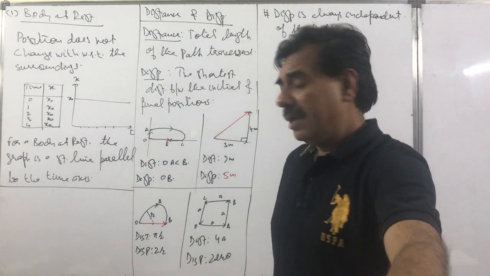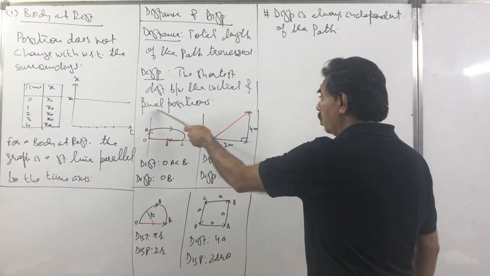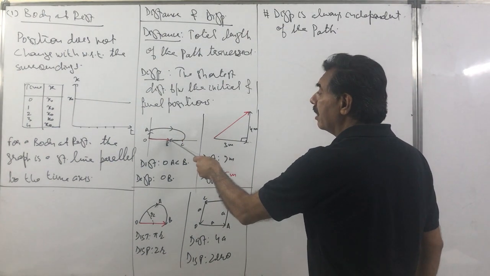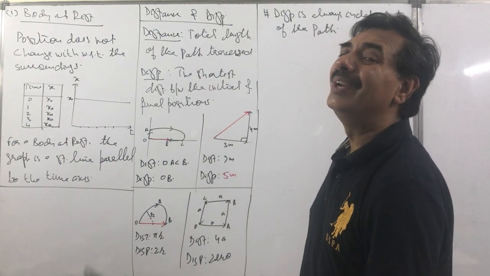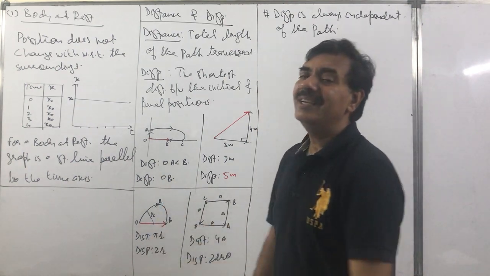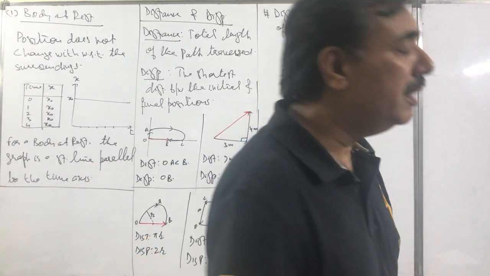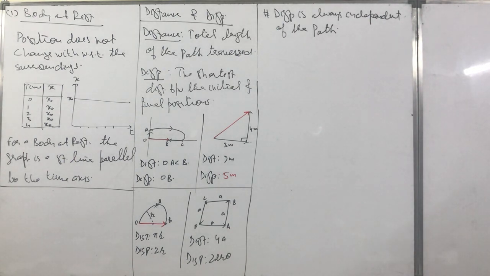Because even if this path was from here to here to here to here, the total length of the path, the distance traveled, would be different, but the displacement would be the same. This means that the displacement of a particle is independent of the path.